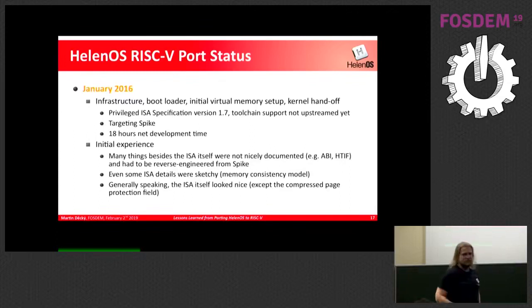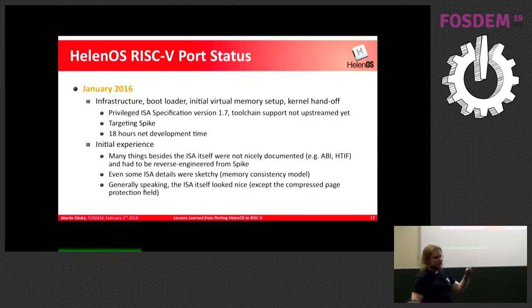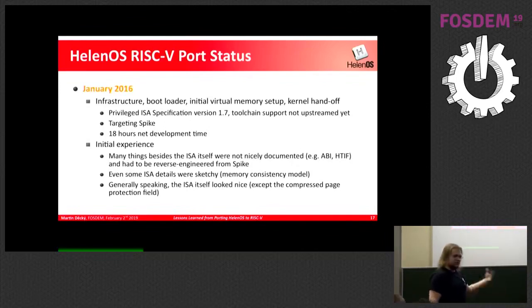If you still remember from that version of the privileged ISA, there weren't individual fields in the page table entries for user read, kernel read, or supervisor read, write, and execute. But there was this strange combined compressed field. I mean, why not? It just slightly complicated our macros for that. Our abstraction was fit to it, but it was just strange.